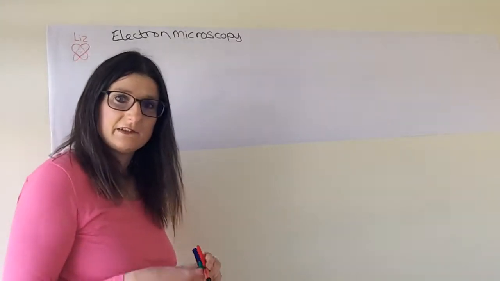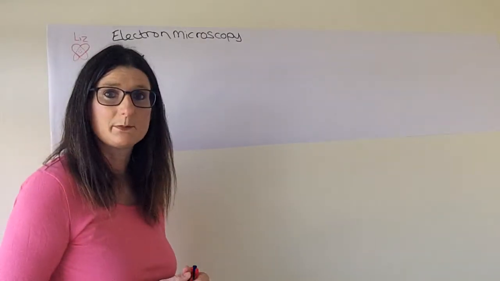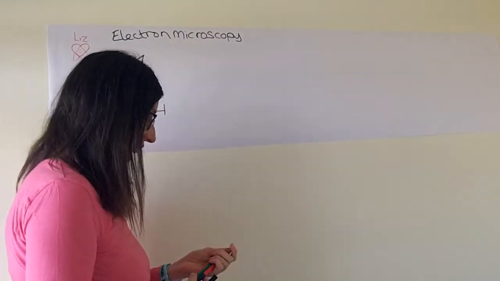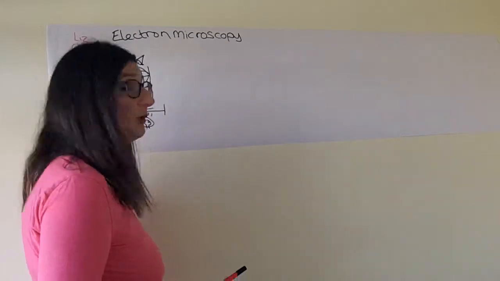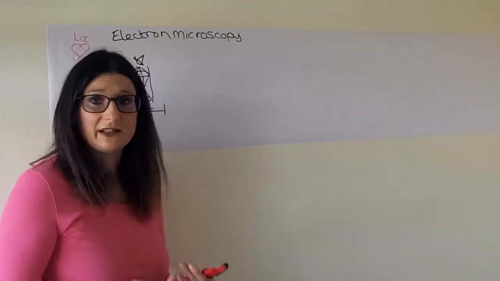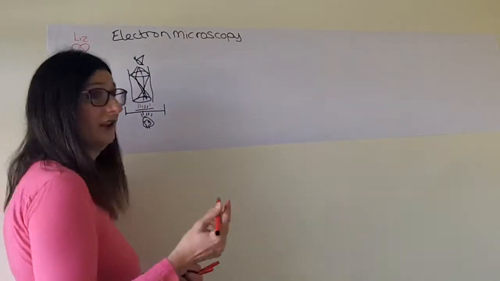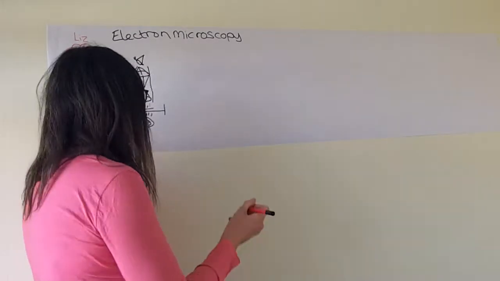That's good as far as it goes, and as I say, you can see quite a lot of things under a light microscope, but there are limitations to it. One of the main limitations is, due to the wavelength of light, you can't see anything smaller than about 200 nanometers.